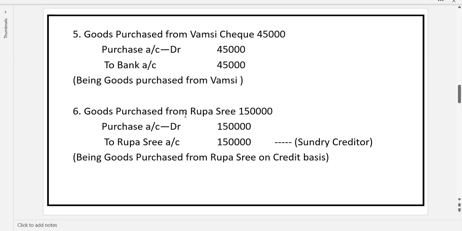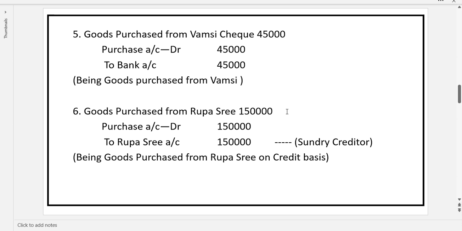And coming to goods purchased from Rupasri, 1,50,000, the question does not mention a check or cash payment. Just simply purchase from Rupasri. It means that we have purchased but we have not done the payment yet. So this kind of transaction is called a credit transaction.